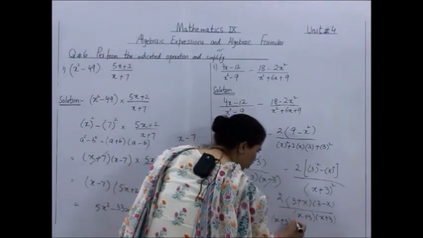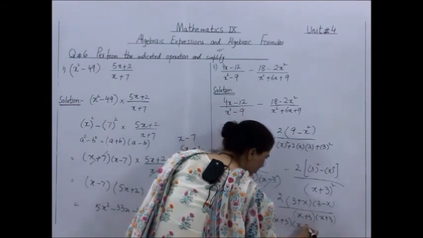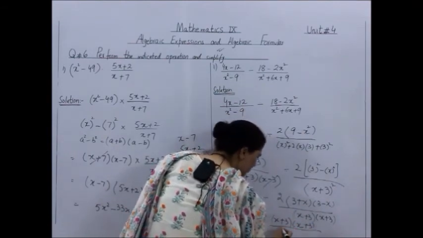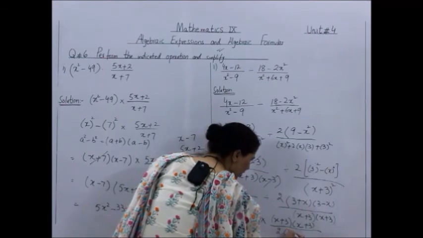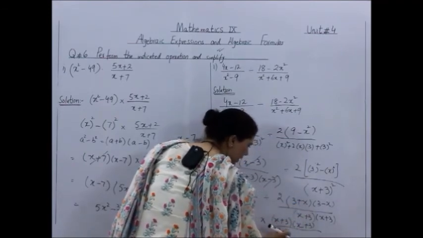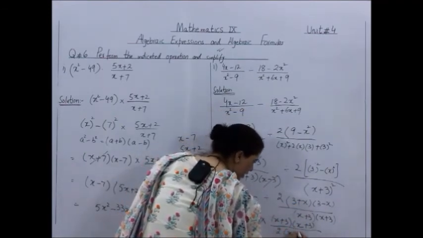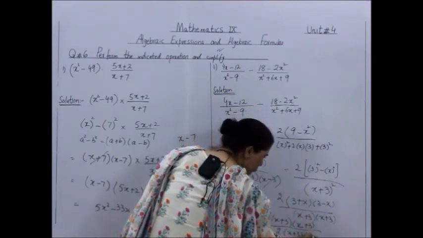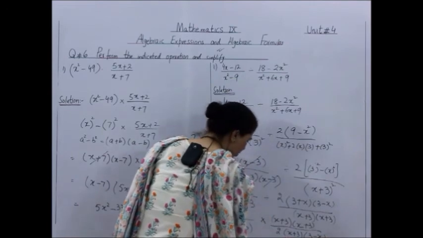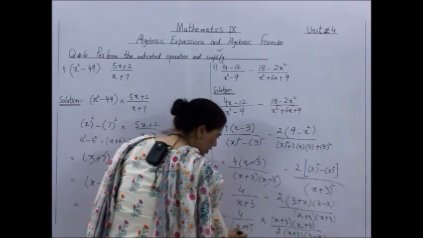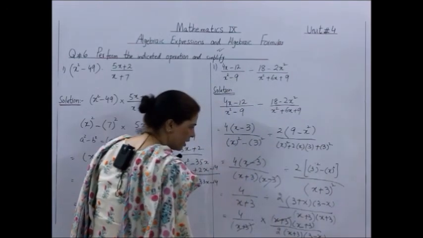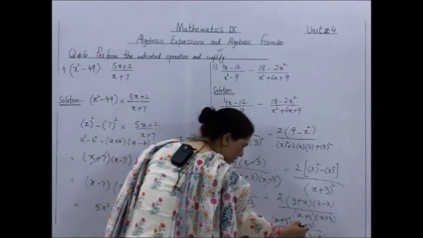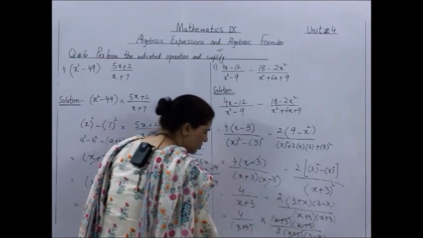Numerator will become denominator and denominator will become numerator. We can write 3 plus x as x plus 3. But we cannot write 3 minus x as x minus 3. Okay. See, this x plus 3 will be cancelled out with this x plus 3. This x plus 3 will be cancelled out with this x plus 3.